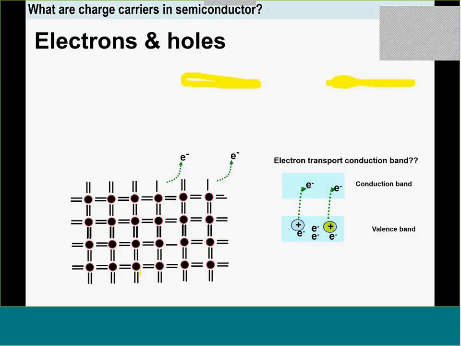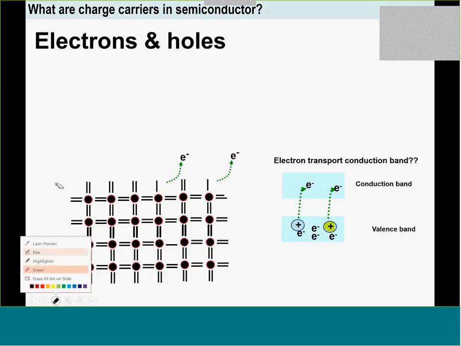But how does electron transport happen in the conduction band? We know that electrons move in the conduction band, and that electron transport is through random thermal motion.